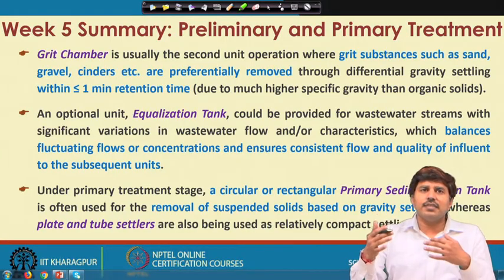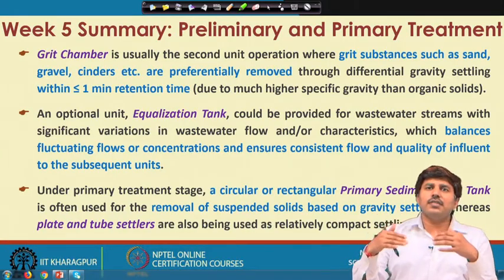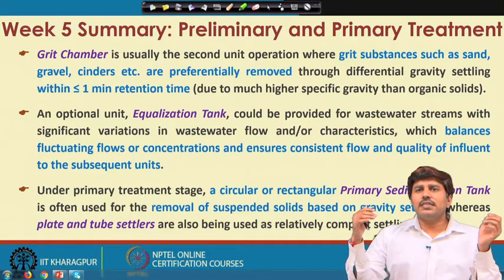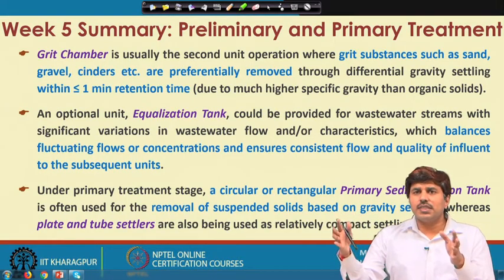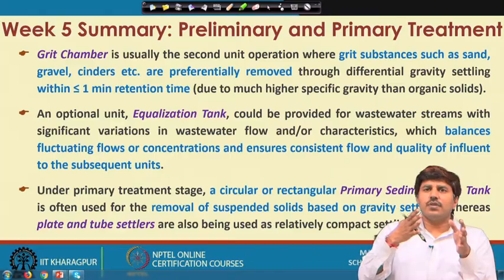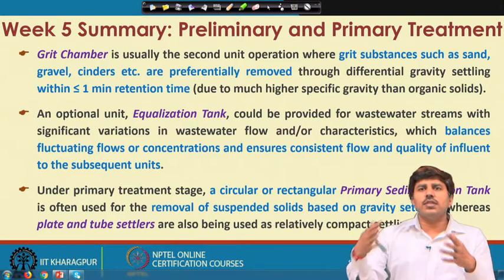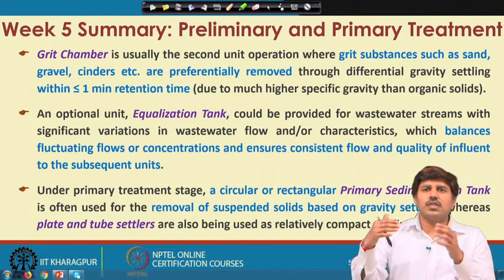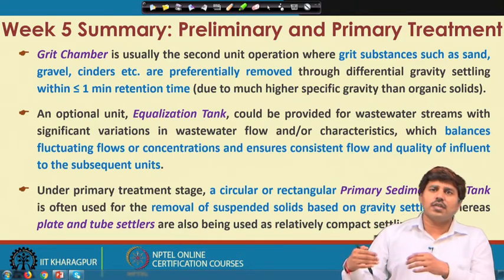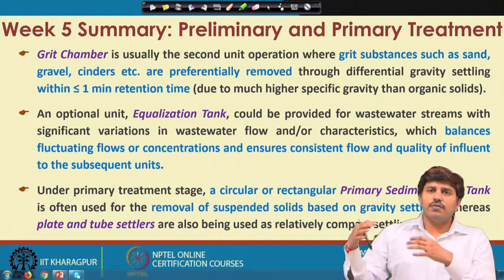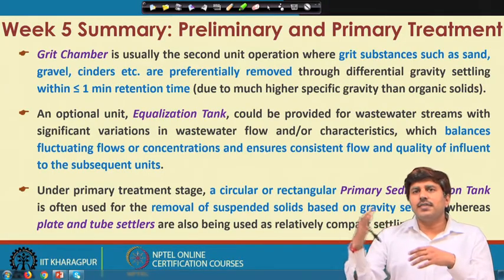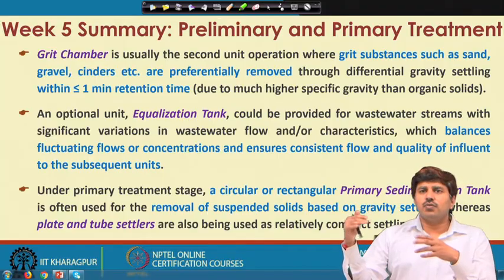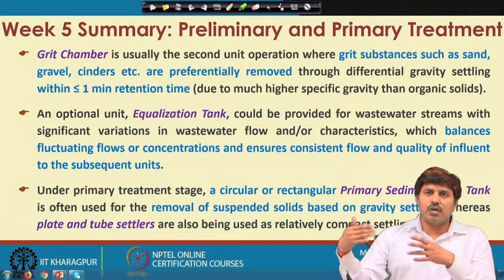In this plain settling, we let the water enter into a settling basin. There are 4 different zones in a typical basin. Water enters in an inlet zone, then in the settling zone the settling process takes place, the settled solids are collected from the bottom as sludge, and then the water goes to the outlet zone, from where it is taken from the primary sedimentation basin through a weir or a specific outlet mechanism.